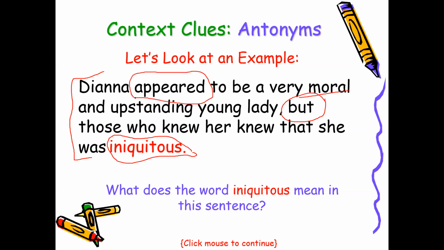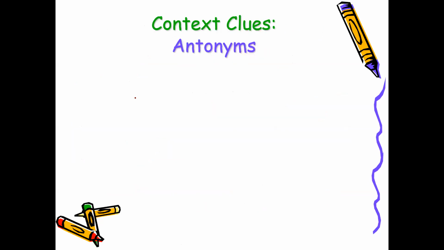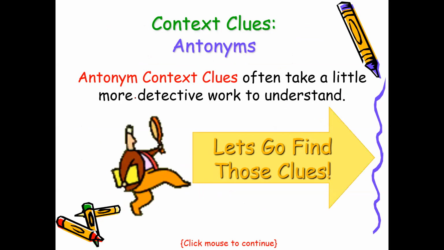So if something appears to be something, it means it's not its reality, right? So if I look at you and say, you appear to be tired, you might not be tired, but you might be a little bit sad.